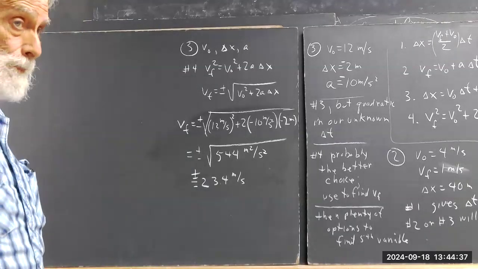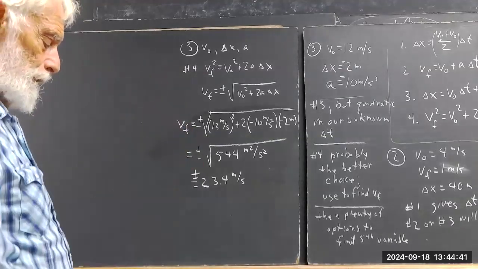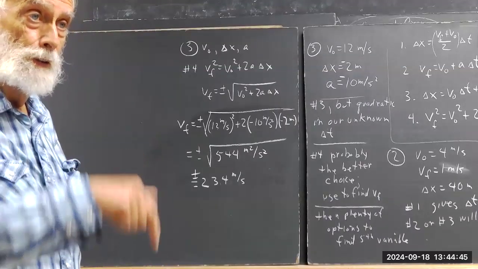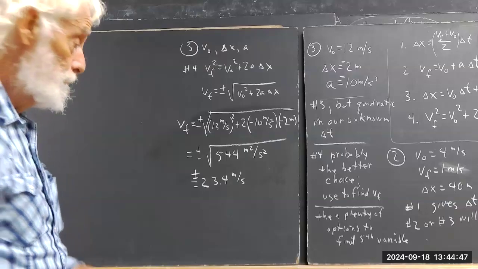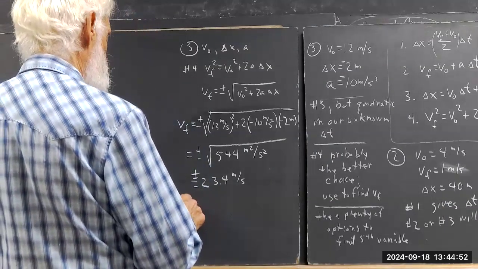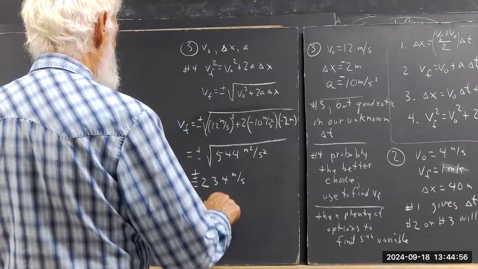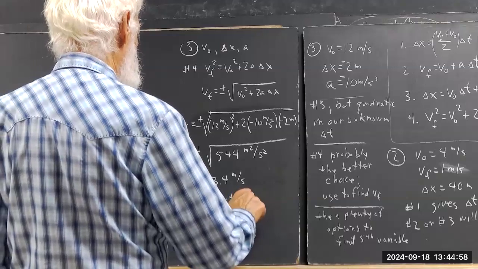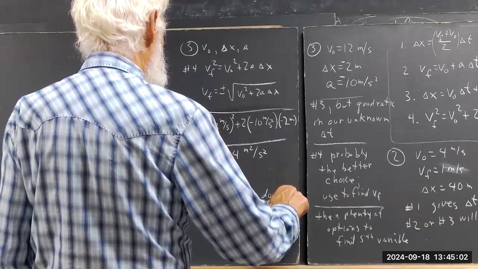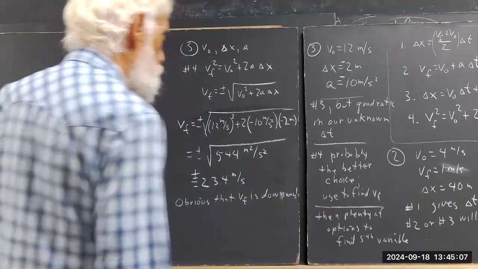Now, again, in this case, the ball was thrown up and it ends up down. It's obvious that its final velocity is going to be downward, right? Downward isn't automatically negative.